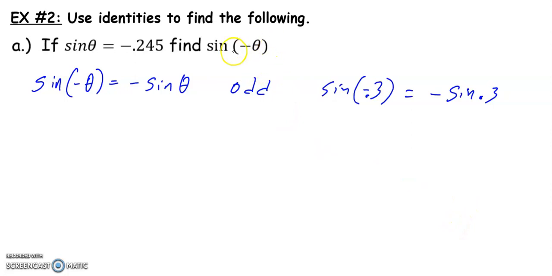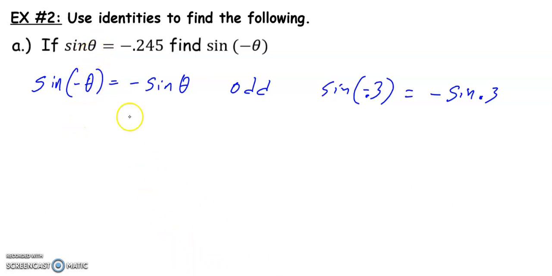Okay? Now let's look back at this actual problem. What this problem says is I'm going to plug some value in to theta, and it's going to give me a negative value out. So that means I know whatever I plugged into theta has to be negative.